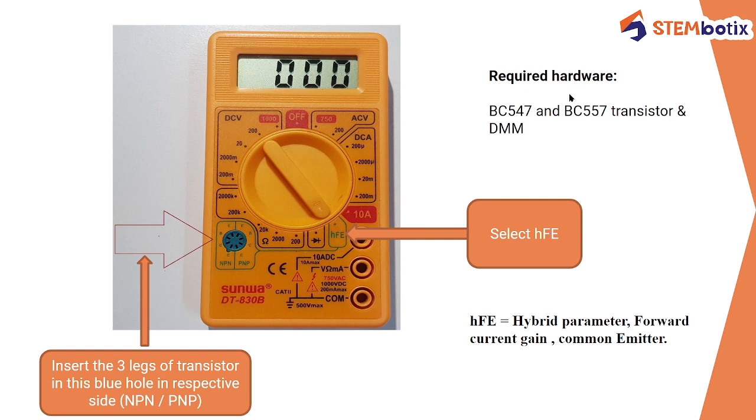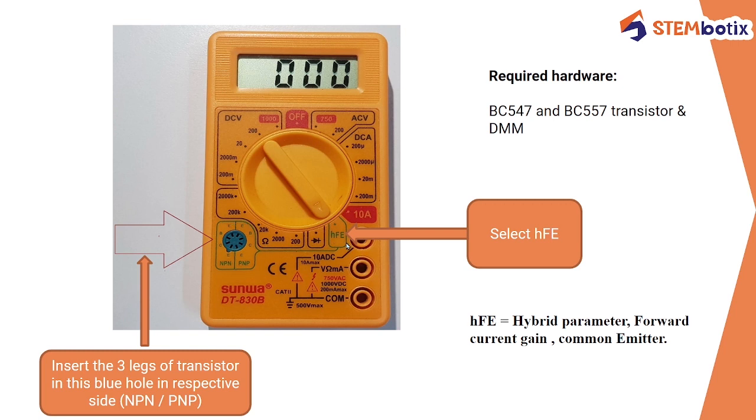This BC557 is a PNP transistor, so the legs of this transistor are going to connect over here in the PNP section, while the BC547 is a transistor of NPN type, so it is going to connect over here. This part is for NPN transistors and this part is for PNP transistor connection.